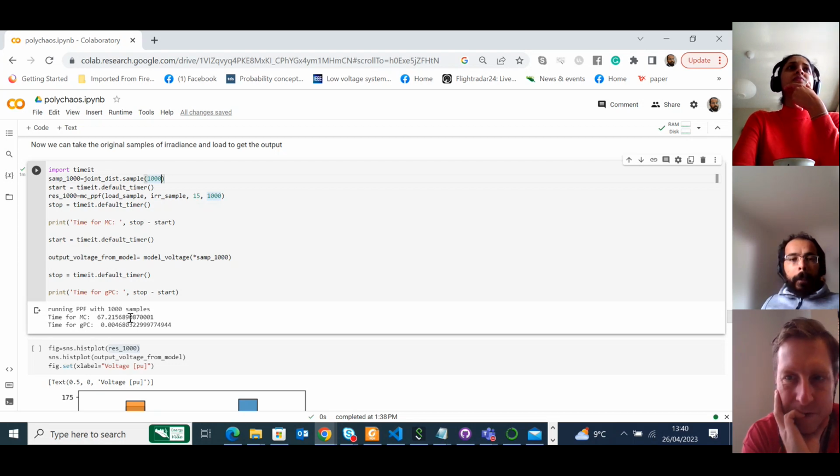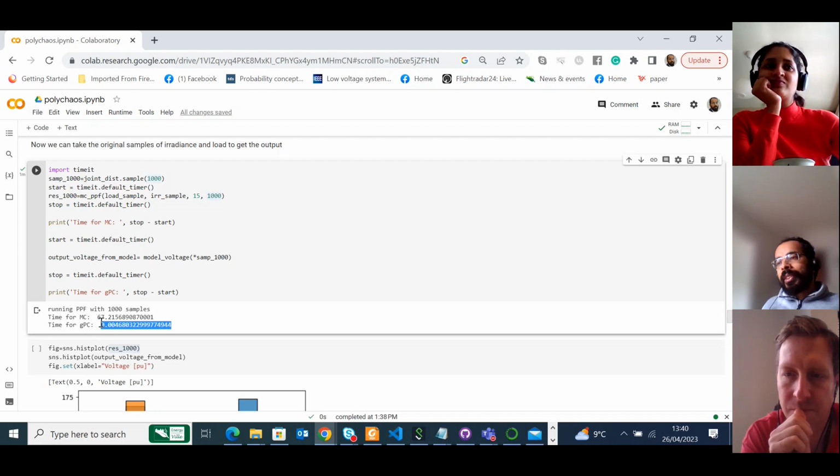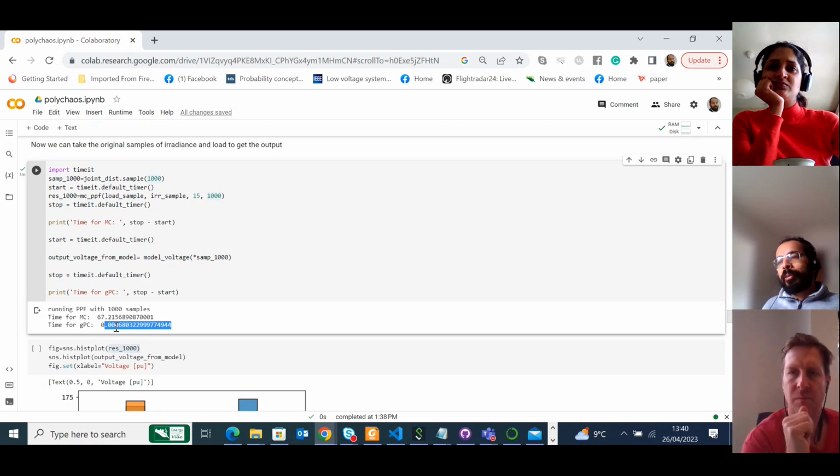If you are happy with 100 samples, then maybe this is not a very nice choice. Monte Carlo is fine if you have a very small number of samples and your system is already converging. But if your system is not converging with fewer samples, then it also has limitations. If you have uncertainties more than 10, then we are still trying to figure out the numerical stability of the problem.